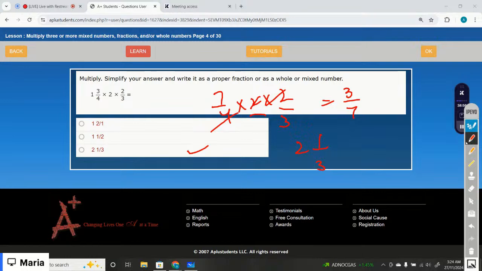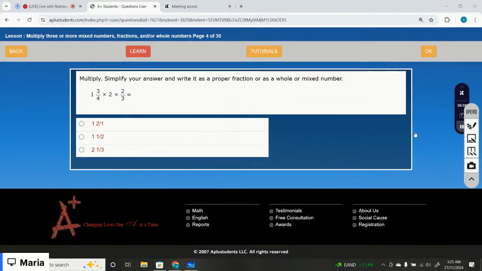That is 2 whole 1 over 3. The correct option is option number 3. That is 2 whole 1 by 3.